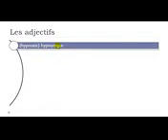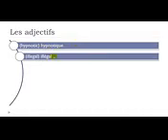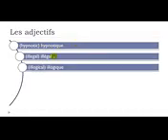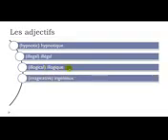Hypnotique, remember, at the end, Q-E, K, tic. So H is not pronounced. Hypnotique. Illégal. Illogique, remember, k, ik, illogique. Ingénieux, final X not pronounced, so I-E-U, I-E, nieux, ingénieux.